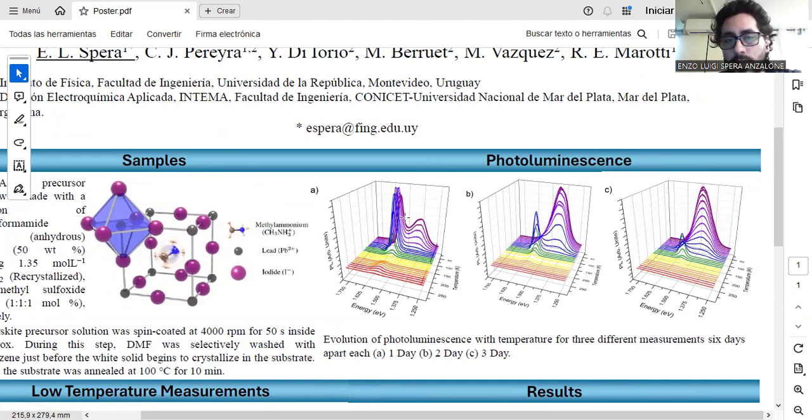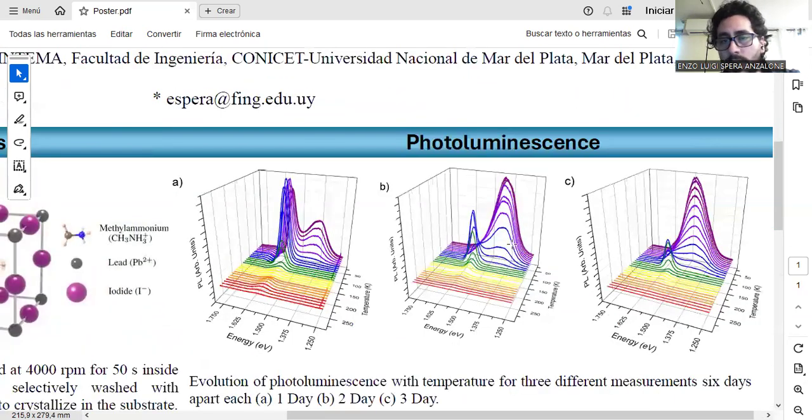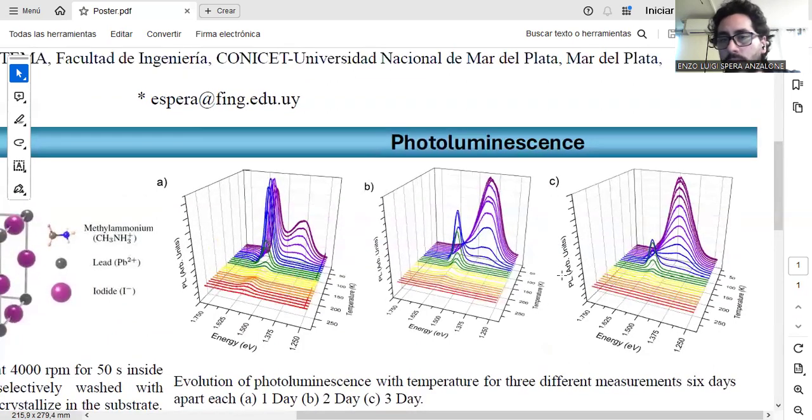And at the lowest temperatures, about 80 Kelvin and lower, we see a second spike of photoluminescence that is wider and with a lower energy. This second, lower energy peak increases in intensity and quenches the intensity of the higher energy peak. And this behavior becomes stronger for each day of measurement.